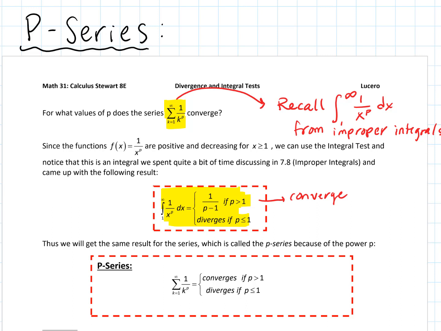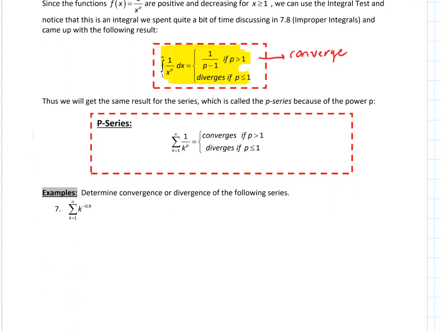So we can just use the integral test and say that the series is going to do the same thing as the integral. So the series from 1 to infinity of 1 over k to the p is going to converge if that power on k is greater than 1, and it's going to diverge if that power is less than or equal to 1.